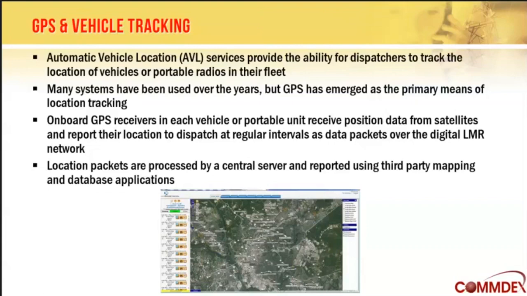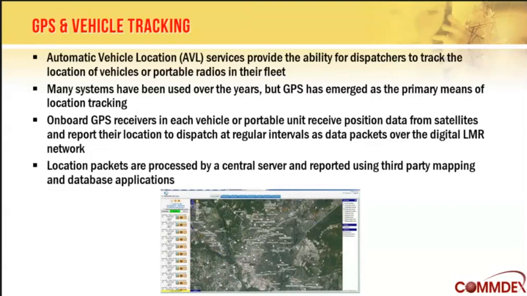You look at most of the mobiles and portables that are out today in land mobile radio, you either have a GPS receiver built in or the option to have one built in. And of course, there's a separate GPS antenna for a mobile. In the portables, the GPS antenna is embedded within the regular antenna.